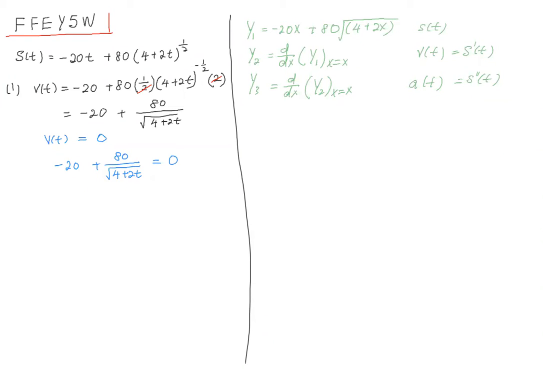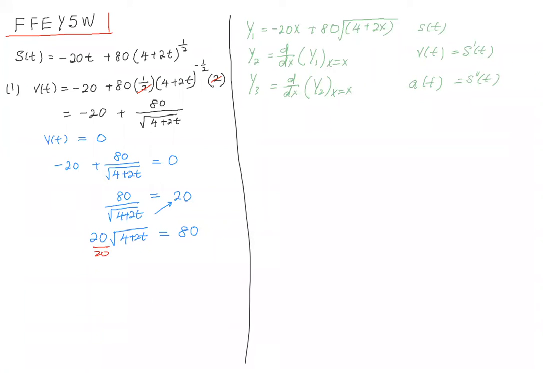All right? So now you start to solve this. So this is equal to 20. You cross multiply, equal to 80. You divide by 20. I can do it any way I like.